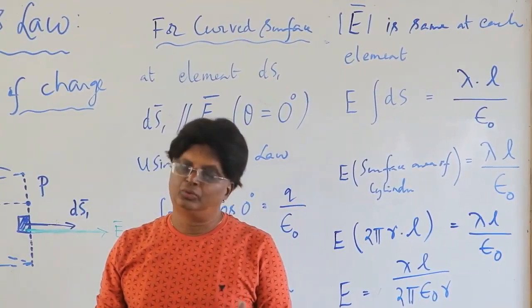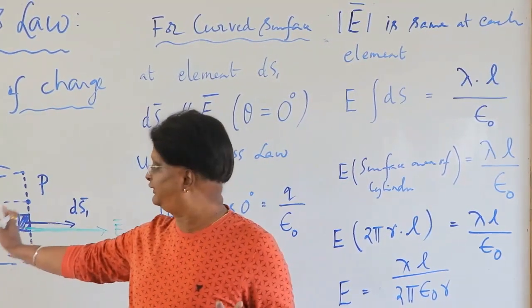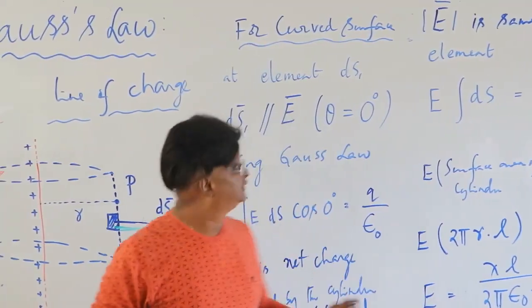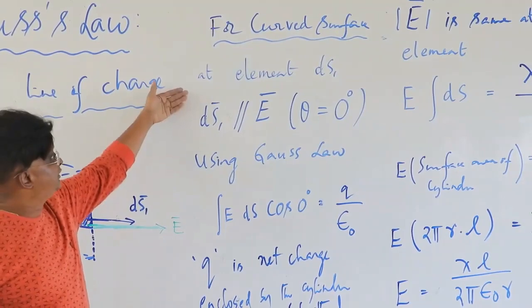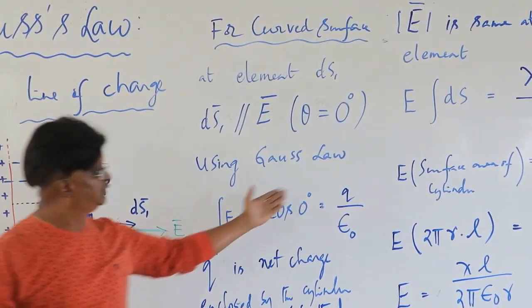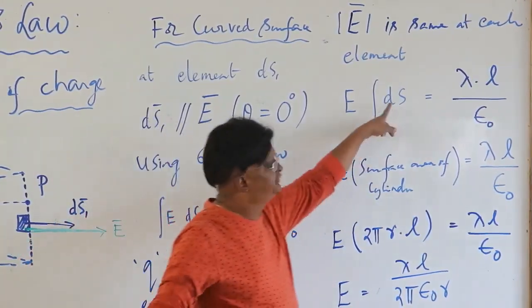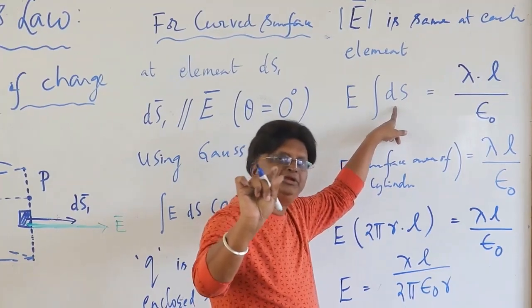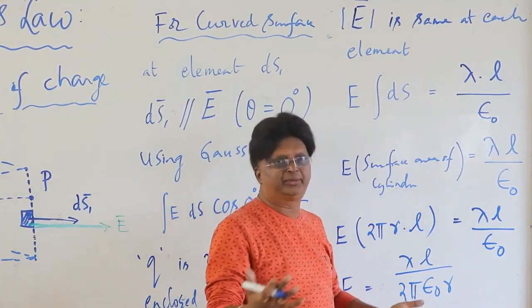A three-step process. Did you find it easier? Gaussian surface, a cylinder, and then writing for the curved surface element ds1 parallel to E bar. Gauss law is applied, and then we have taken that small calculus. Because here, what is ds? One element of the curved surface. If you add, integration means nothing but continuous summation.